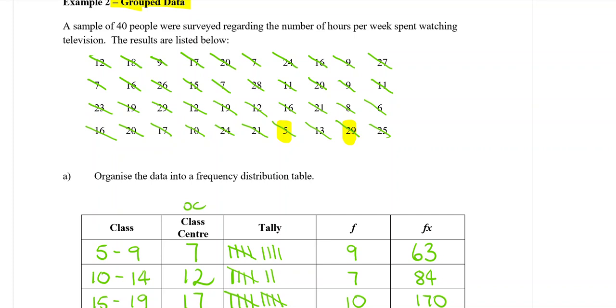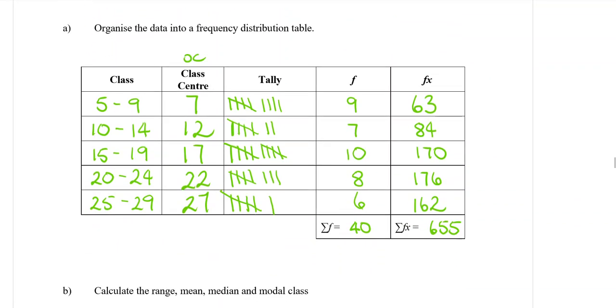So we're just going to find the class. It won't be just one number. There are 40 numbers in here, so we do 40 plus 1 over 2, which is 20.5. We need the 20th and the 21st number.